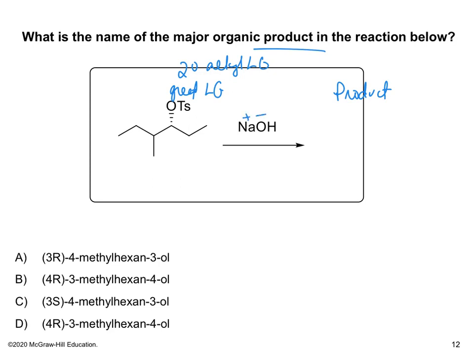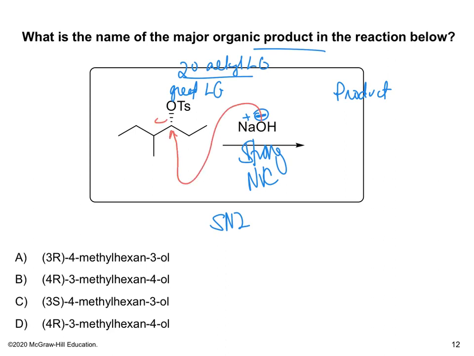So you have to look at the nucleophile. The nucleophile is strong, because I gave it a negative charge, right? Because the sodium's plus, a strong nucleophile. So a strong nucleophile is going to go with a secondary. It's going to go SN2. So this is concerted. We do have stereochemistry, so we do have to show inversion of stereochemistry.